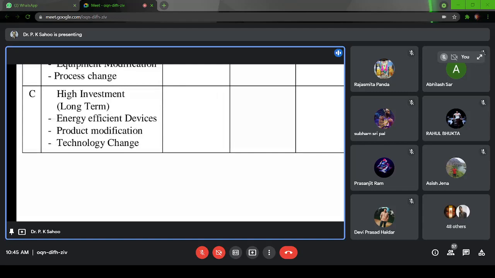The first one is the current state. In the current state, what happens? That means how things are done today. That is the current state.